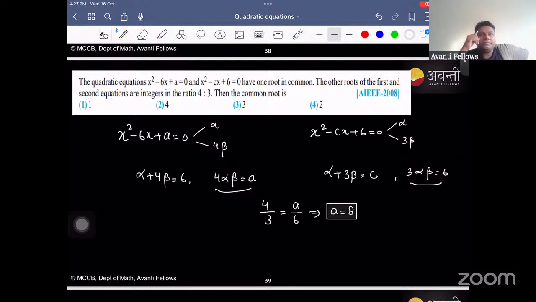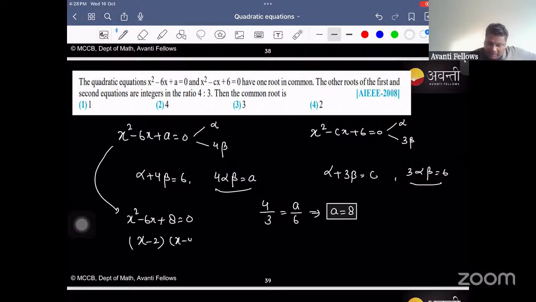Am I correct? So if you put a here, x square minus 6x plus 8 equals 0. If you factorize, (x minus 2)(x minus 4) equals 0, you get x as 2 and 4. So roots are 2 and 4.